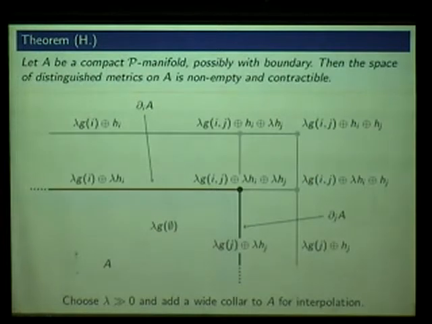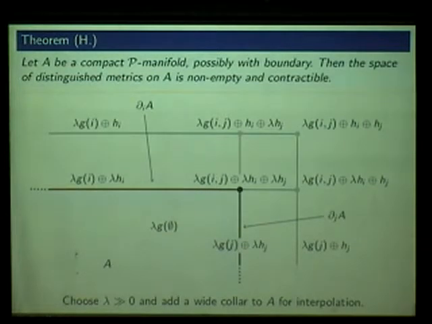What I can do is start with a metric on my manifold like this. I take a very large lambda to make the scalar curvature small on this piece, and then I use the collar regions to connect these with the standard metrics on these h_i pieces. And this means that along this boundary here, along the singularity, we always have positive scalar curvature metrics because we always see one metric h_i without any lambda, right? And that this is possible uses two basic facts in positive scalar curvature geometry.